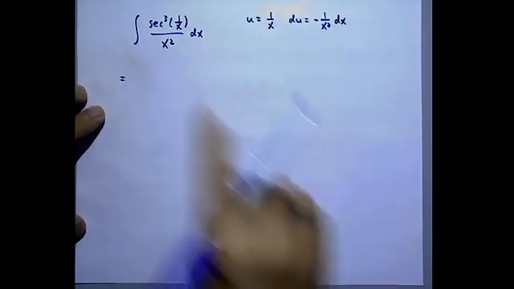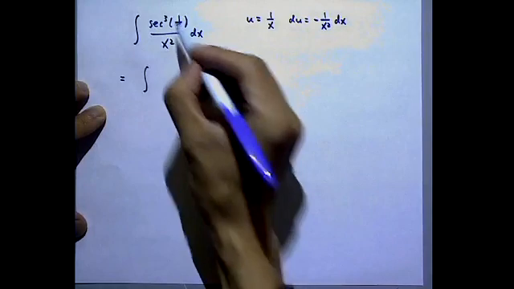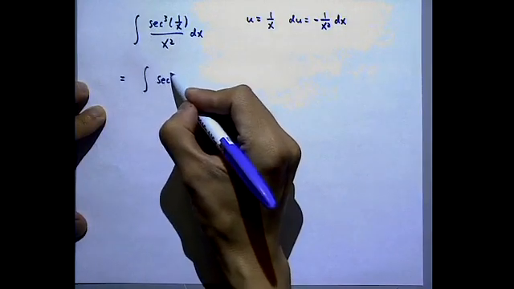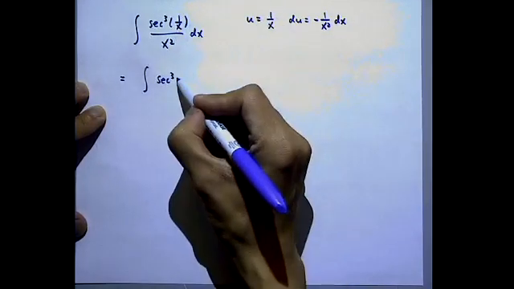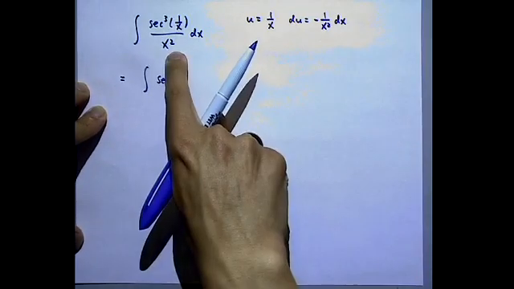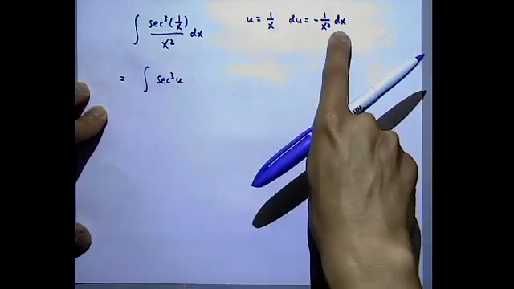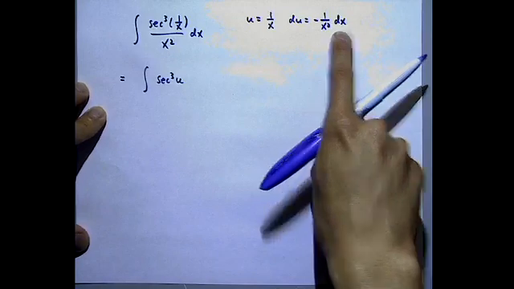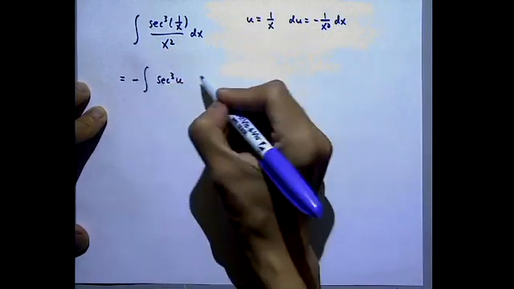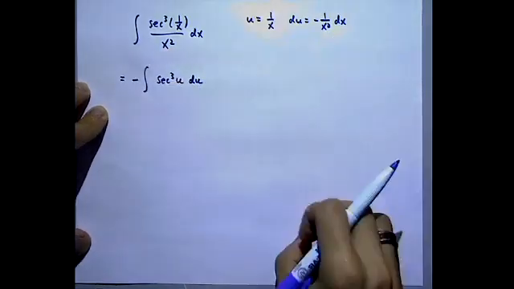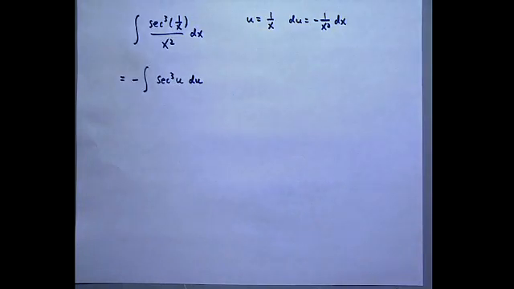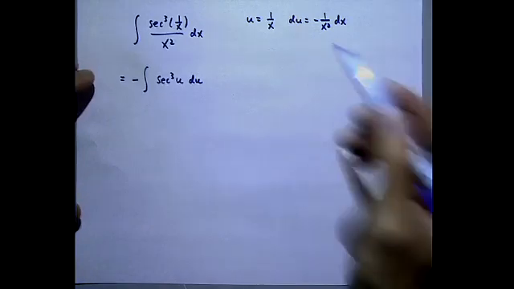And as you can see, this turns into secant to the power of 3 of u, and 1 over x dx is negative du. I'll put a minus sign out here and put a du in here. Then we have exactly what entry number 71 says we can deal with, right?